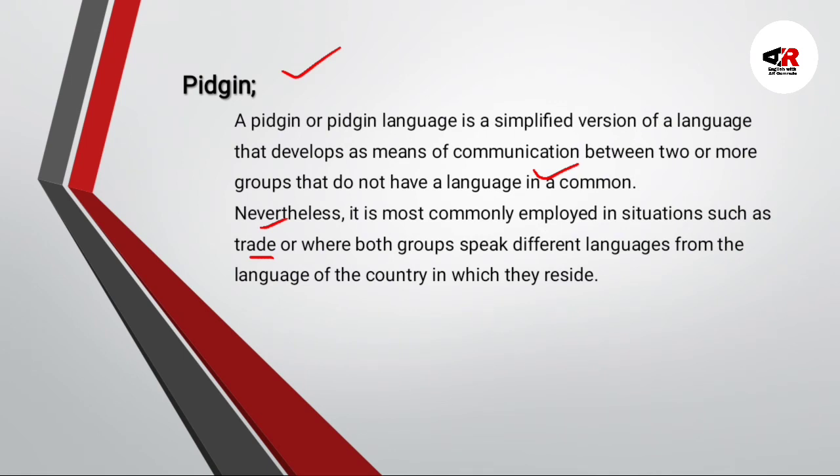It is different from the language of the country in which they reside, meaning that language is not your language and not the language of the person you are talking to. Or we can say it is a mixture of several languages. Pidgin languages have no native speakers, and they involve mixing of languages and reduced grammar and vocabulary.